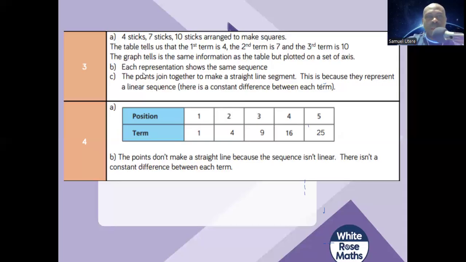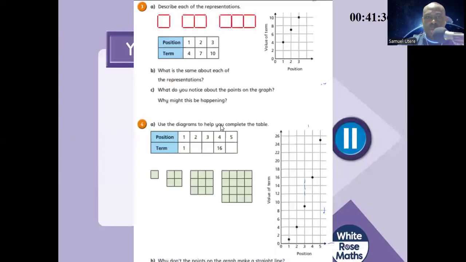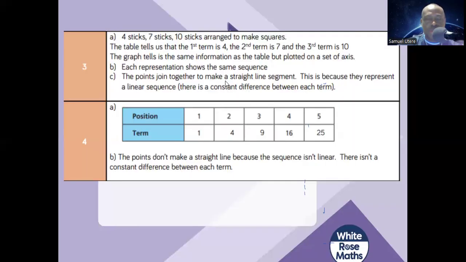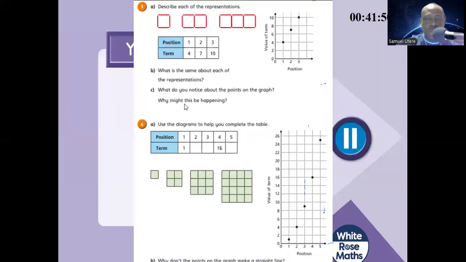All right. And then for B, you were being asked what is the same about each of the representations. Well, each representation shows the same sequence. And then for C, you were being asked, what do you notice about the points on the graph and why might this be happening?